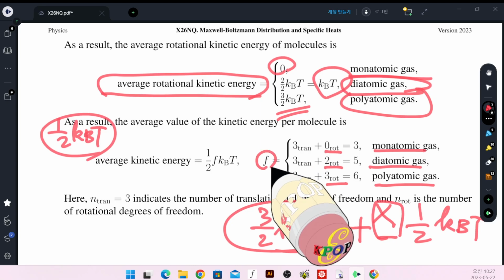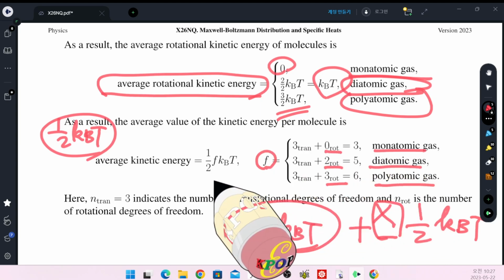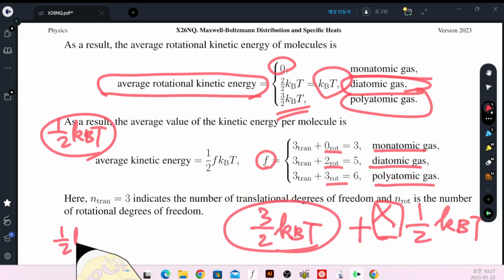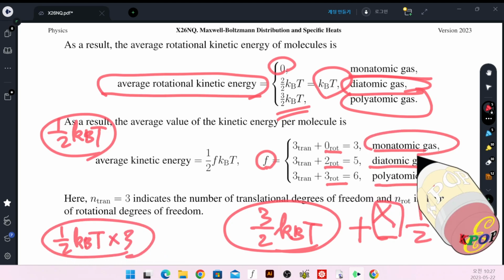Therefore, 1/2 kBT times 3 is for a monatomic gas.